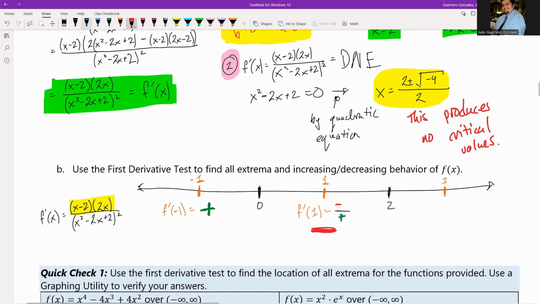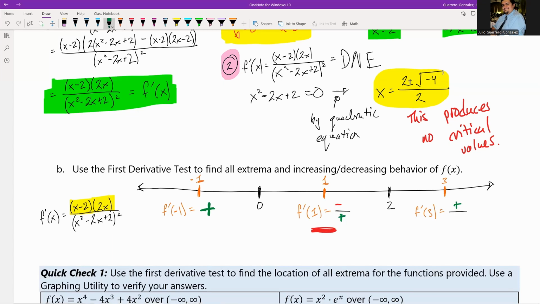Okay. Next one. F prime of 3. So I need to plug in 3 into my derivative. Okay. So if we do that, 3 minus 2, that's a +1, times 2 times 3, that's still positive. So we have a positive up top, divided by, let's look at the bottom. 3 squared, that's going to be 9 minus 6 plus 2, that's still going to be positive, and you're squaring a positive, so it's still positive.